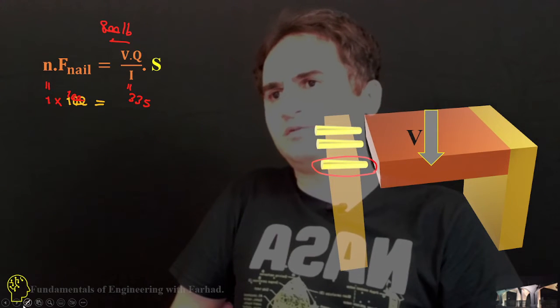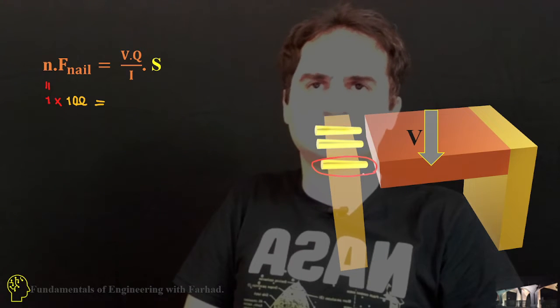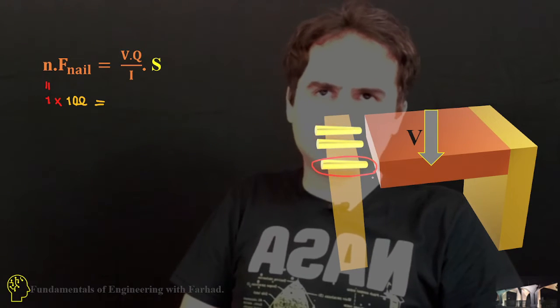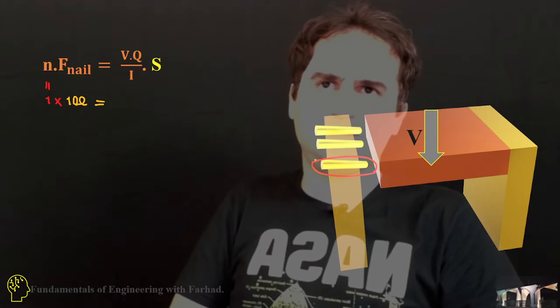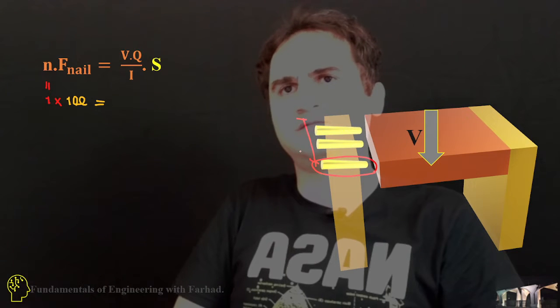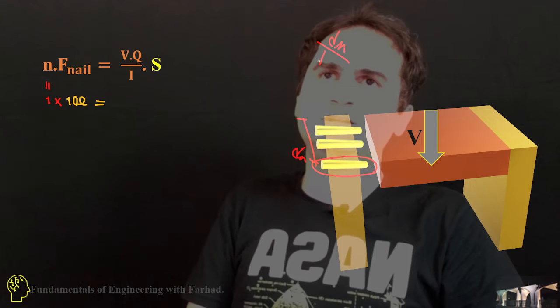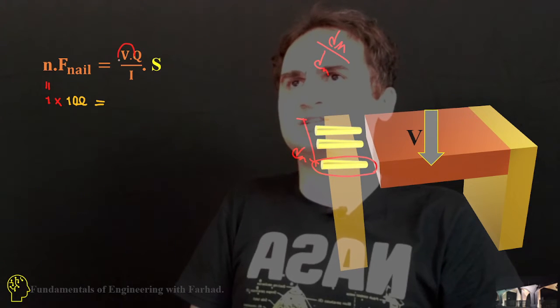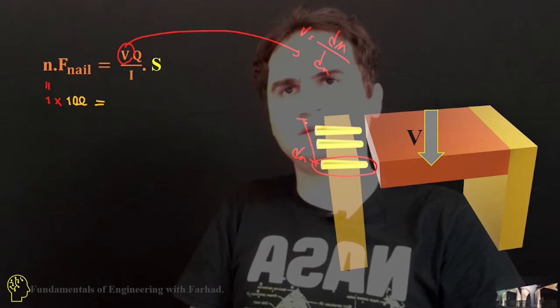If you look at the configuration here, for one nail, this is dx, and if we want to calculate dM over dx, that's the shear flow. V is the derivative of moment over distance.